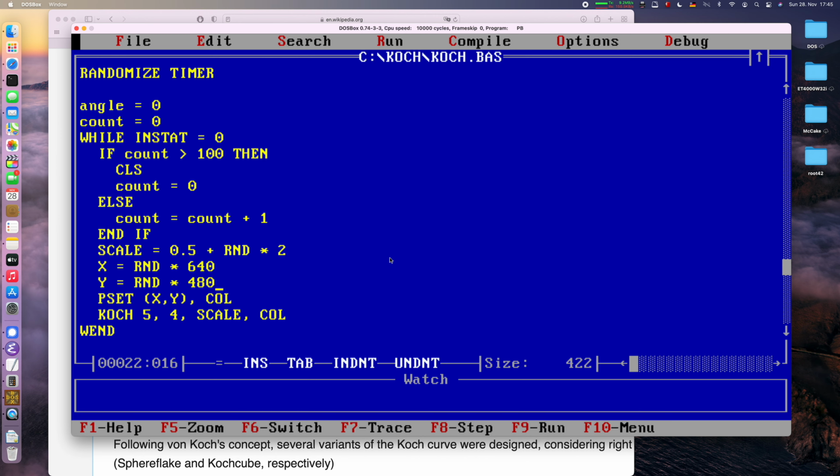That would be almost good enough, but then the curves or the snowflakes will always start somewhere inside of the screen. And I figured out we can shift them slightly by 160 roughly, which is a quarter of the screen, divided by the scale that we calculated, to the left basically, and we can also shift it by 120 divided by the scale to the top, and then we will have a very equal distribution of snowflakes over the screen, even up here and to the left and to the top.